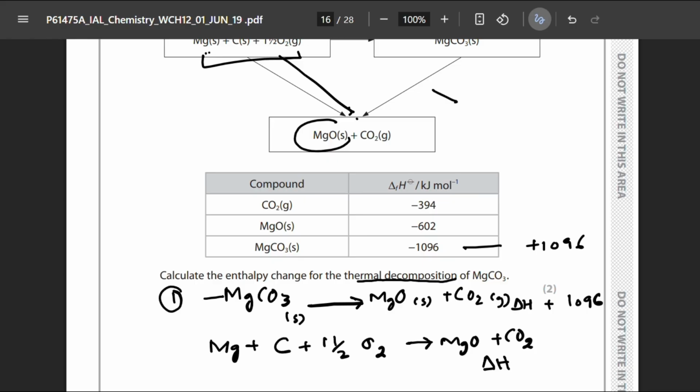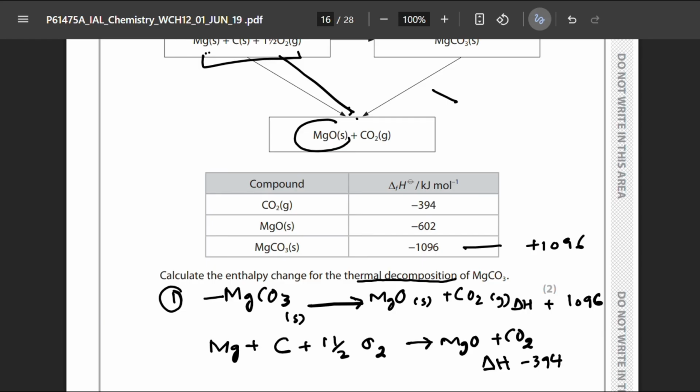And how can you calculate the delta H value of this equation? The delta H value is calculated by adding the enthalpy change of formation of magnesium oxide and the enthalpy change of formation of carbon dioxide.